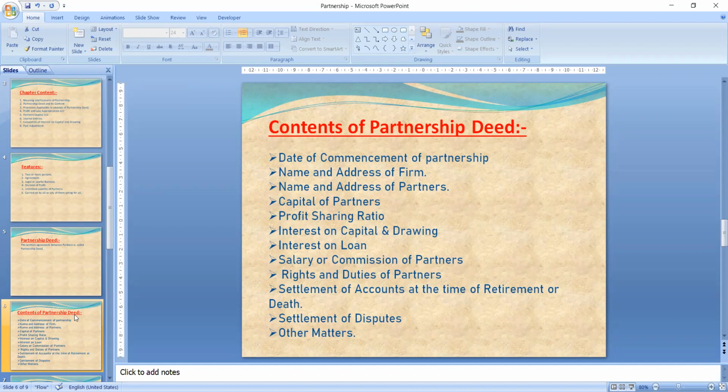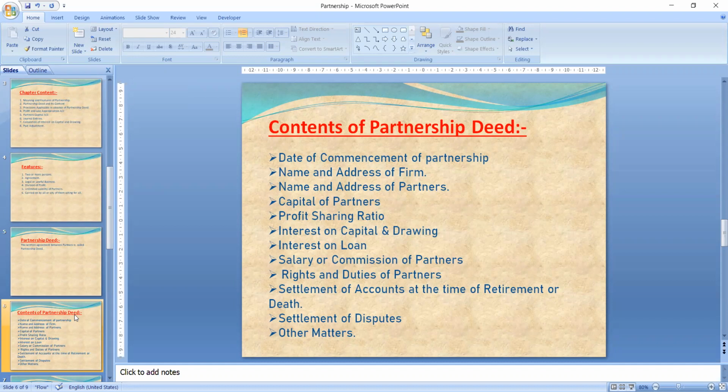People generally cheat each other in business like this. Therefore partnership business is not advised by our seniors or guardians. When money is involved in any matter, there is a maximum chance of fraud.